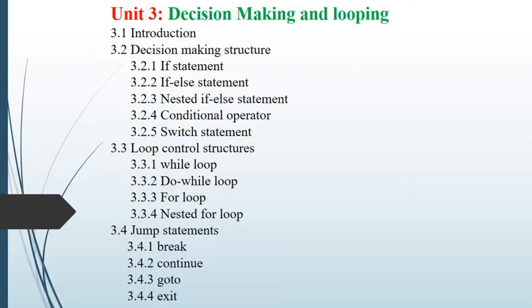The second part is decision making structures, which contains if statement, if else statement, nested if else statement, conditional operator, and switch statement. 3.3 is loop control structures, and in this there are 3 loops: while loop, do while loop, for loop, and one of the most important is nested for loop. 3.4 is the jumping statements. In the jumping statements, we use break keyword, continue keyword, goto keyword, and exit keyword.